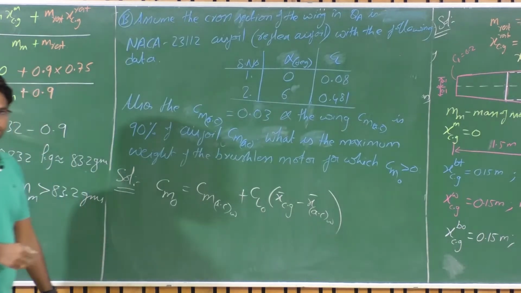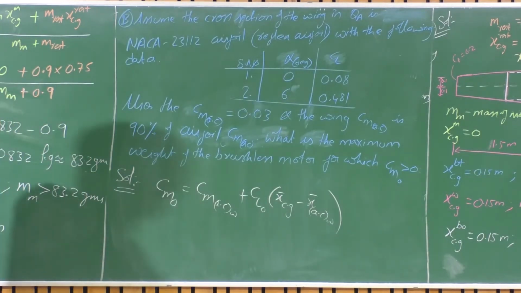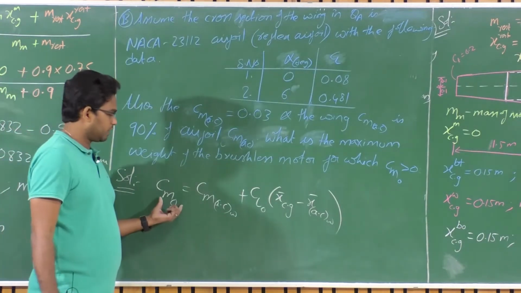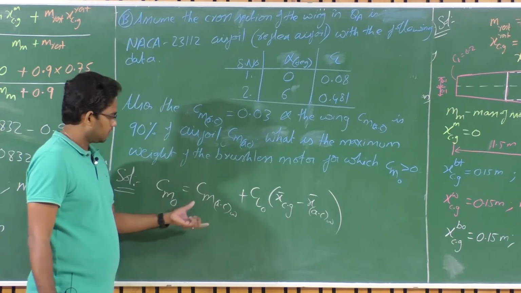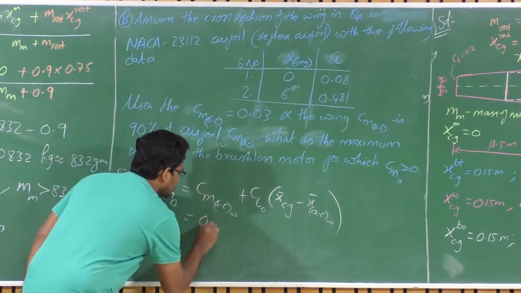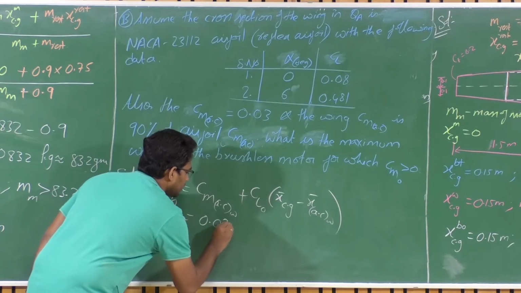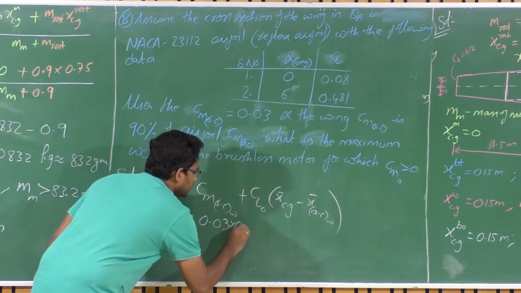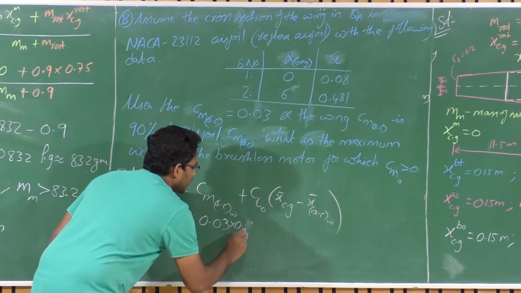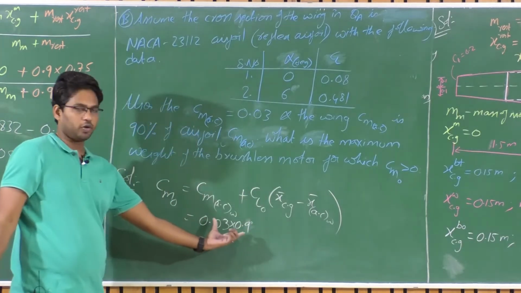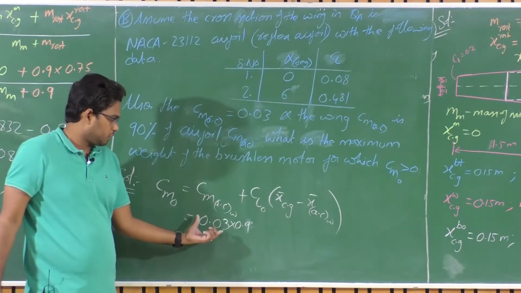Am I correct? Okay. So for Cm naught to be positive, right, this is given as 0.03 times 90%, that is multiplied by 0.9, which is 0.027.